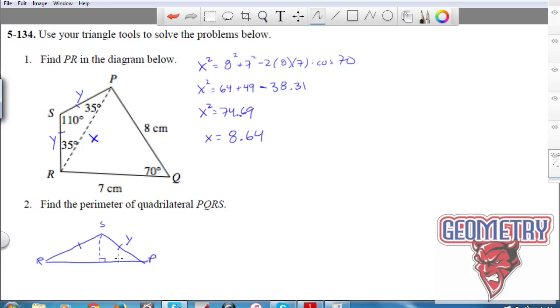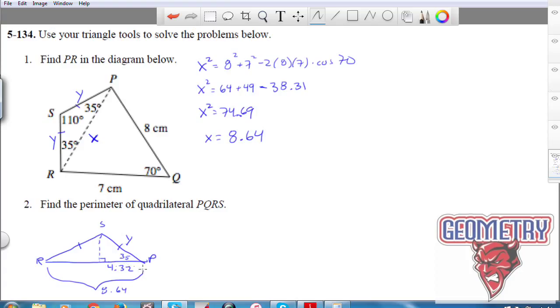This is why, what we're trying to find, we know this is 35 degrees. This entire length here, we just found that was 8.64. So half of that is going to be 4.32. So we can use right triangle trig to find y. Our angle is 35.